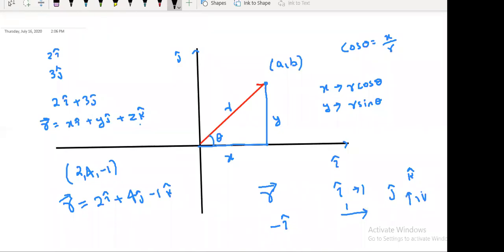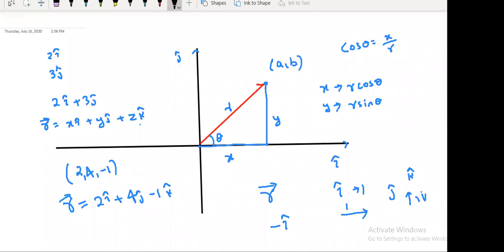k cap represents the z axis. So minus means opposite direction. In a vector, minus means opposite direction.